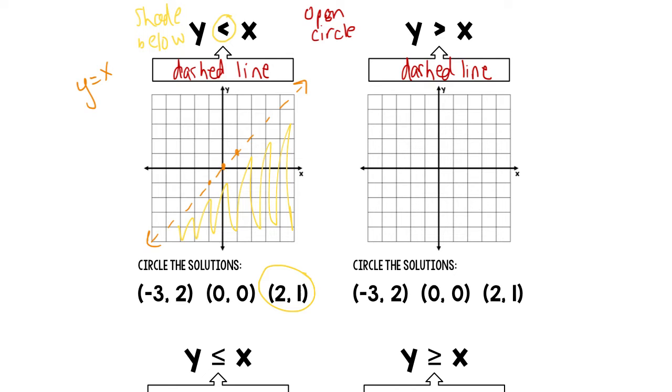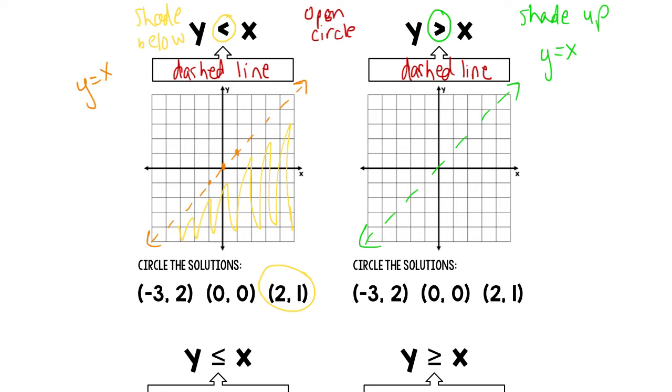So far, so good. If we have y is greater than x, again, we're going to graph this same y equals x line. But this time, our inequality is greater than. That means we're going to shade up.